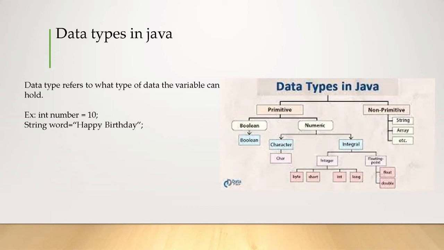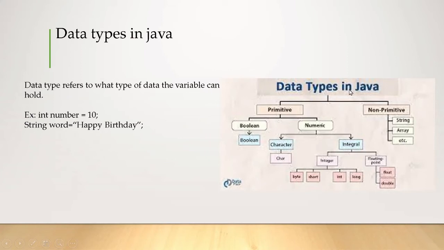For all that, we have a provision in Java, and that is achieved by something called data types. Data types mean the type of data that a variable is holding. For example, int is a data type for the variable number because it is holding the value 10. Int means integer values. String means for words and sentences, we use string.